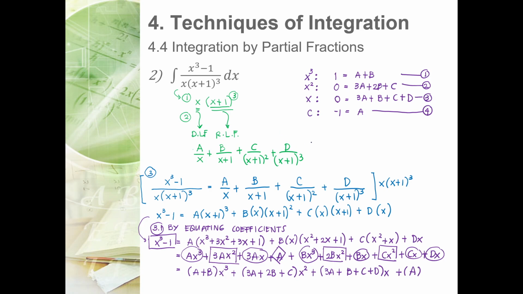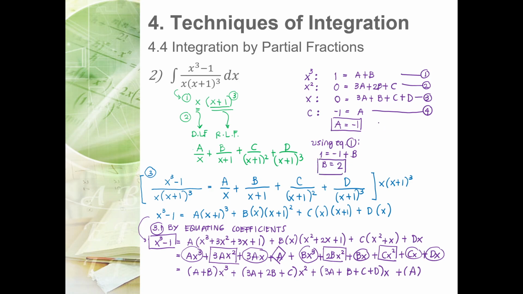So looking at your equations, upon looking at equation number 4, A is automatically negative 1. Upon observation also, you can just use substitution to solve for the other terms. Let's say using equation 1 to solve for B. You have 1 is equal to negative 1 plus B, so B is equal to 2.